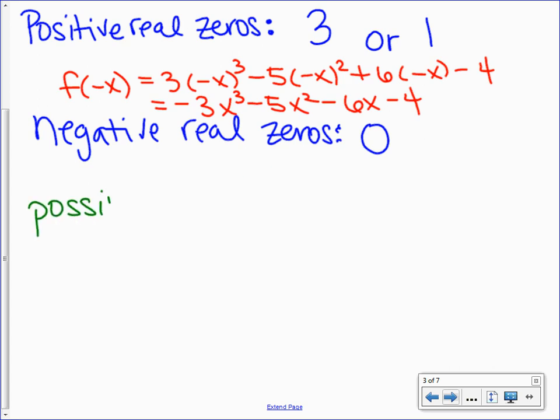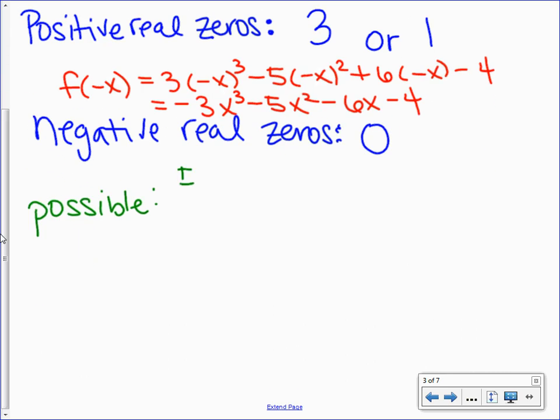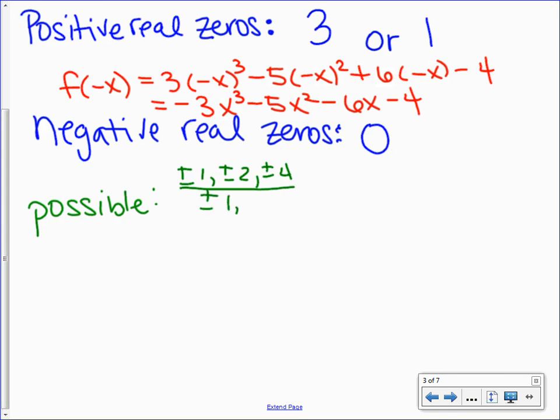Our possible real zeros, if we use the rational zeros test, our constant is 4, so we have factors of 4 over factors of our leading coefficient, which is 3. So we have 1, 1/3, 2, 2/3, 4, 4/3.